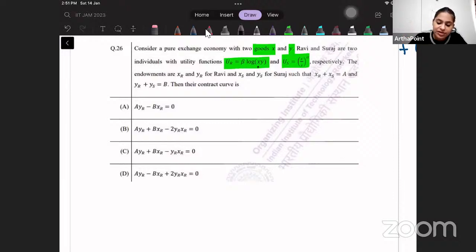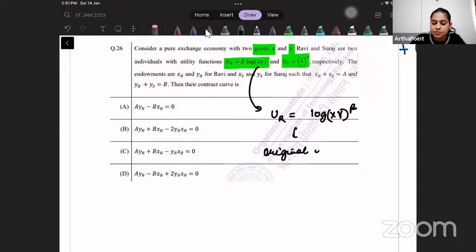मतलब अगर मैं इसको rewrite करूं कैसे, तो I can rewrite this as UR is equal to log XY to the power beta. मतलब मेरा original utility function can also be X to the power beta, Y to the power beta.